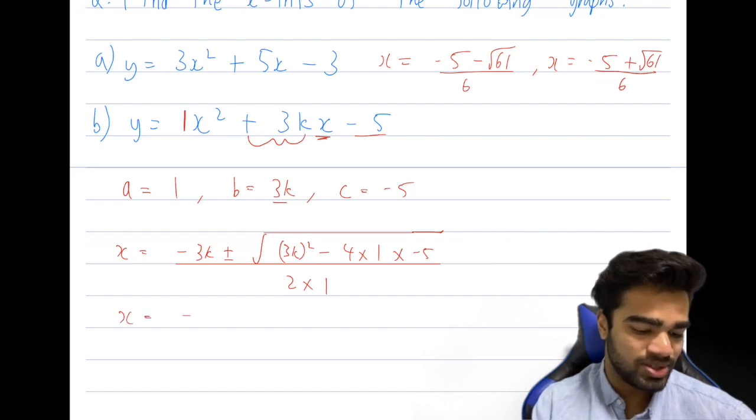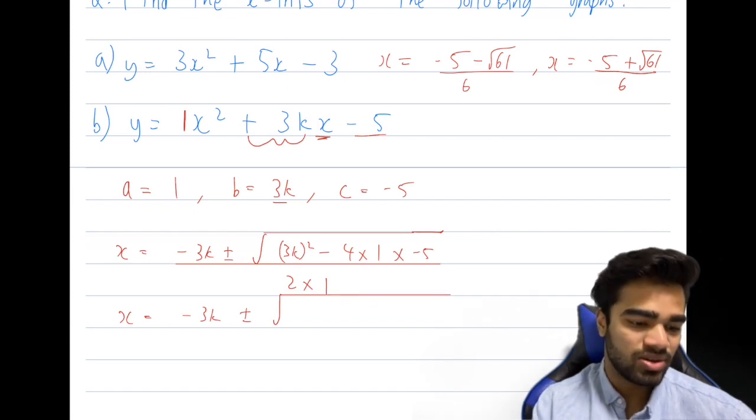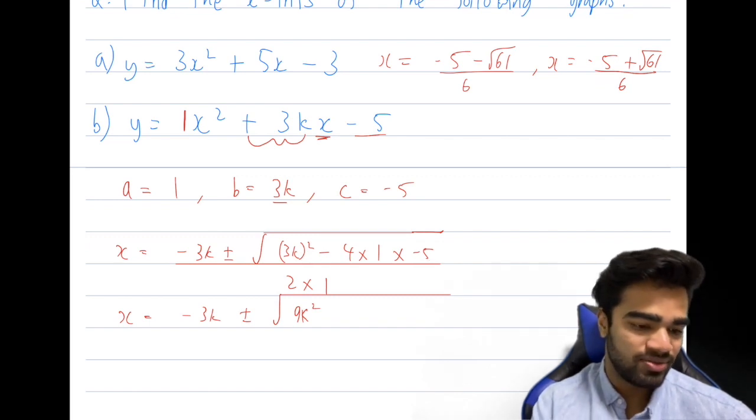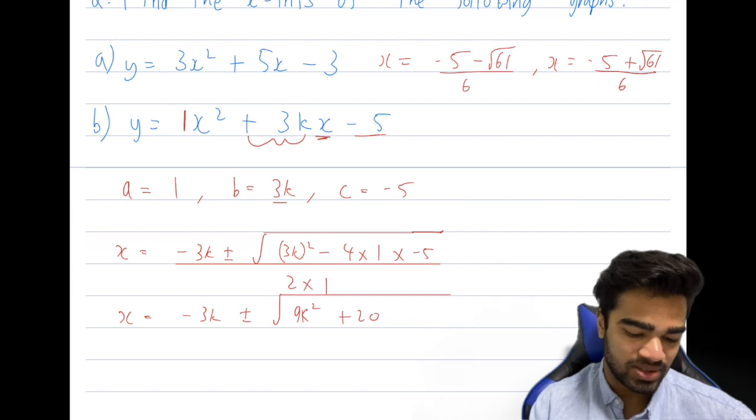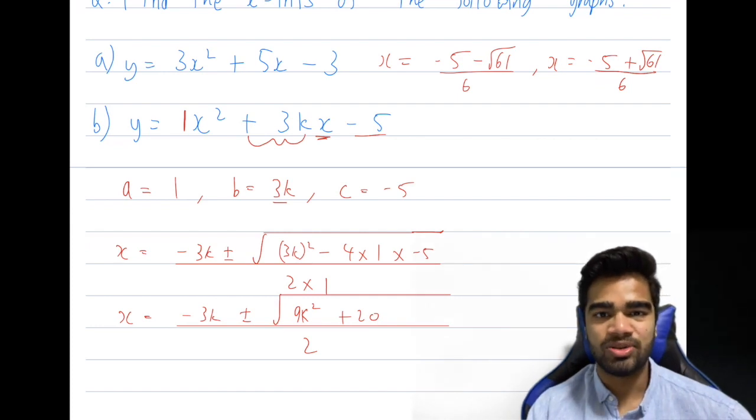And then all we need to do is simplify. Negative 3k plus or minus square root of 3k whole thing squared, you're going to square both things, so 9k squared. And then negative 4 times negative 5 is going to be positive 20. So 9k squared plus 20, over 2. Again, that's it. You don't need to simplify it too much more than that.